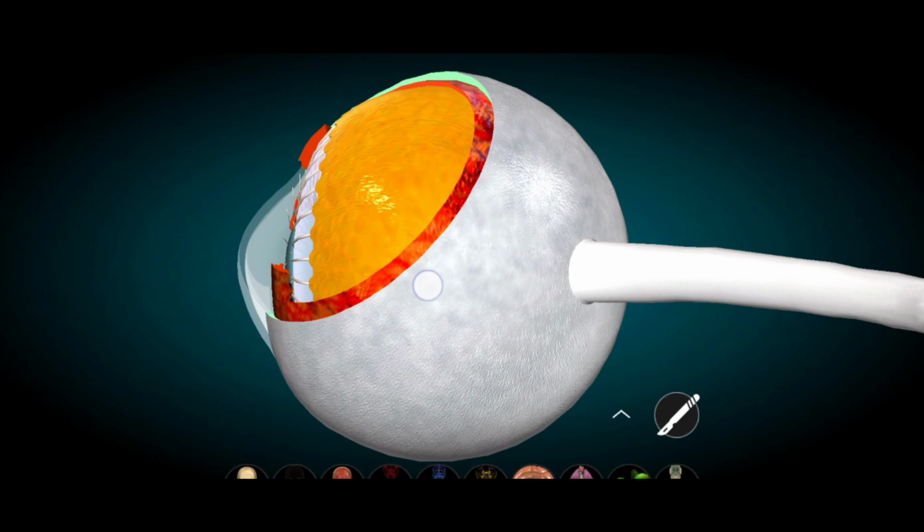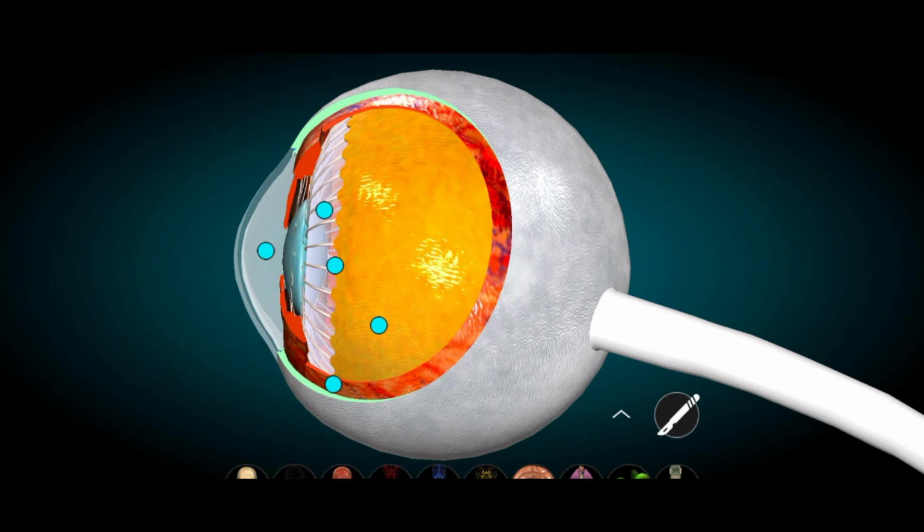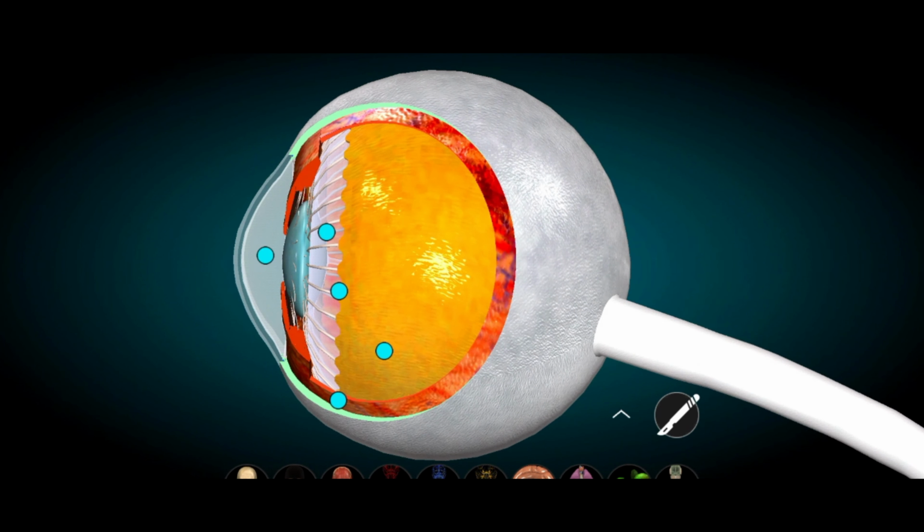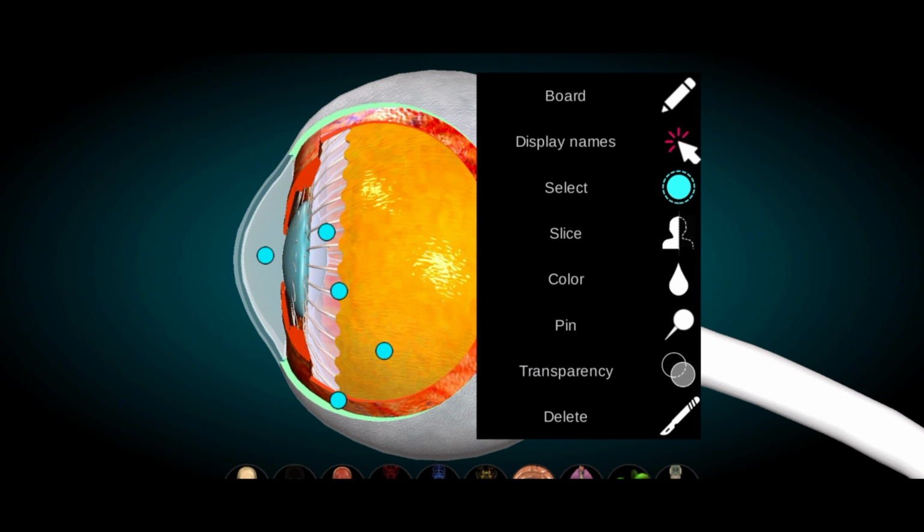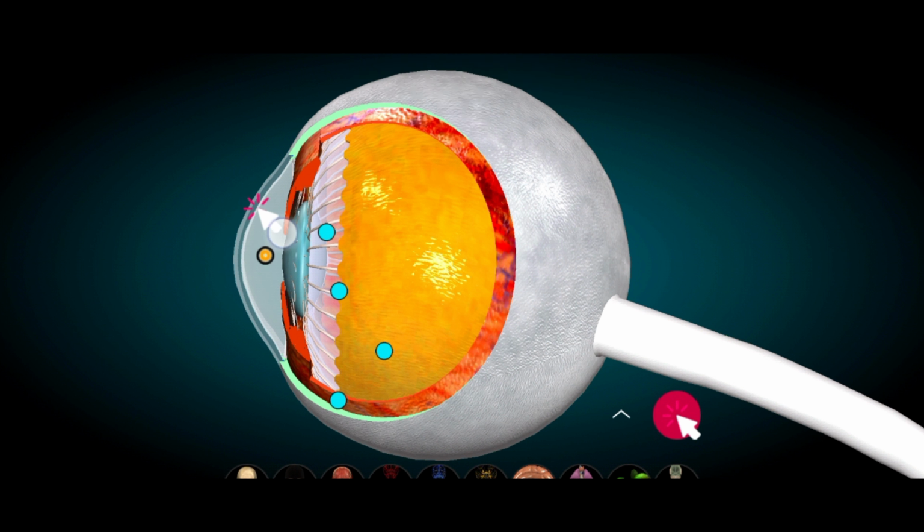Here you can see another 3D model, and this is the lateral view. This part is the cornea, and here it contains the aqueous humor as I mentioned, and this is the anterior chamber, and this is the lens, the bluish color.